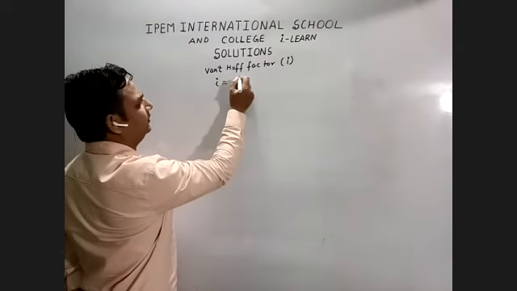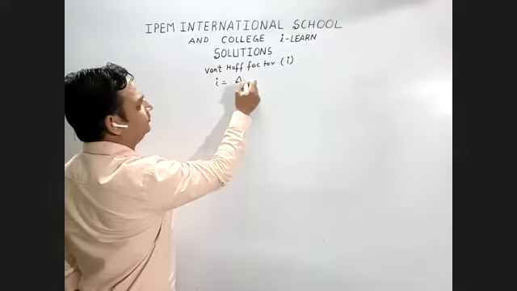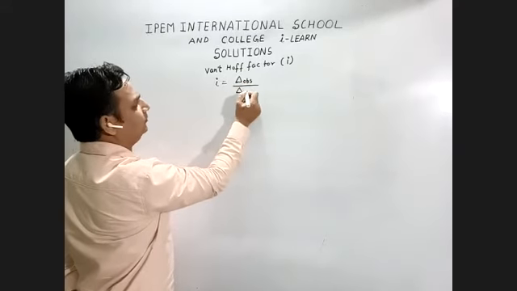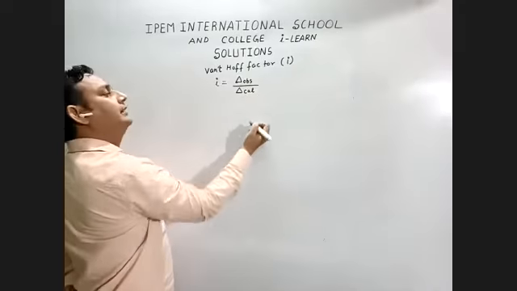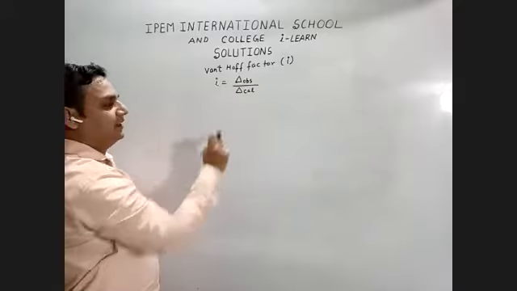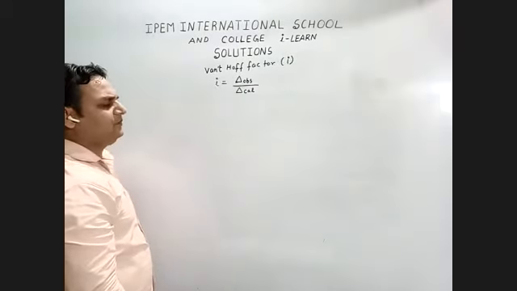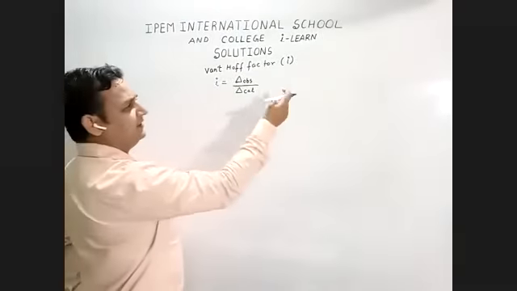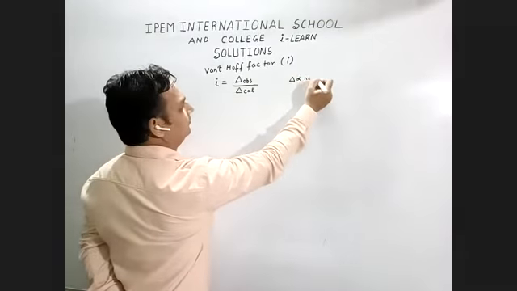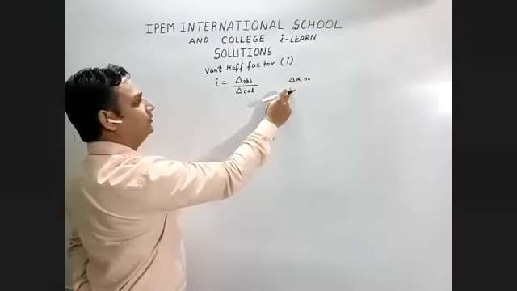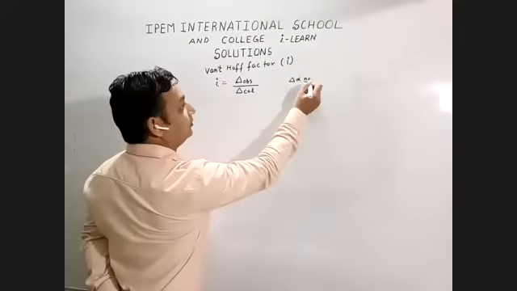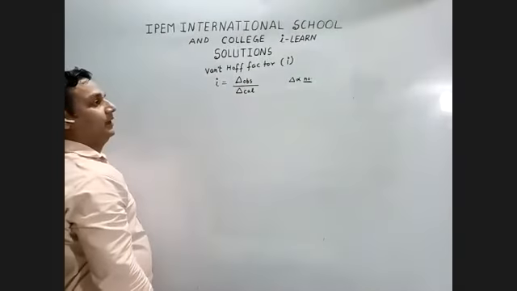And Van't Hoff factor, what is it? The observed value of colligative property to the calculated value of colligative property. That is a ratio between the observed upon calculated. Since we have already seen that this is directly proportional to the number of solute particles, they depend upon the number of solute particles.